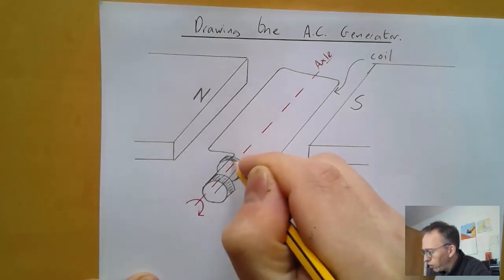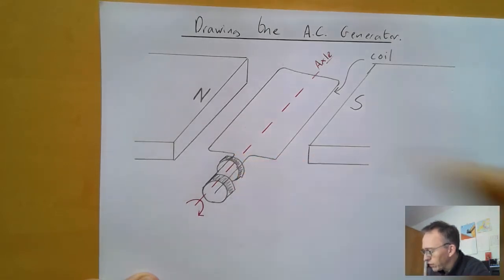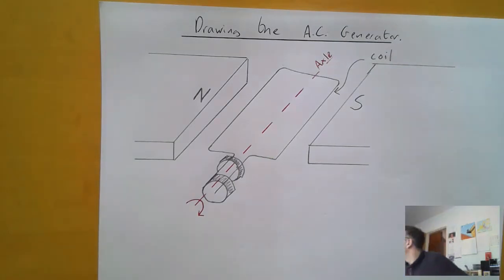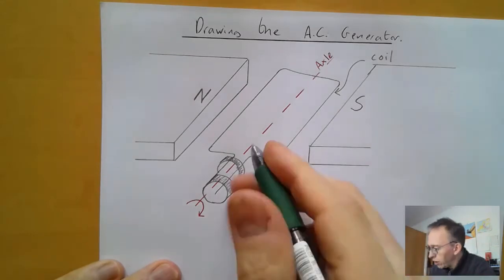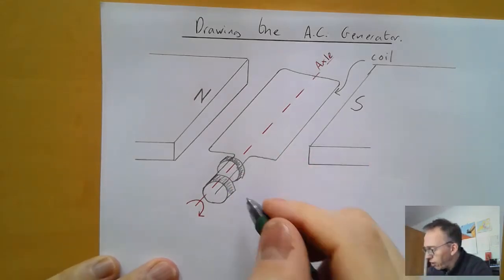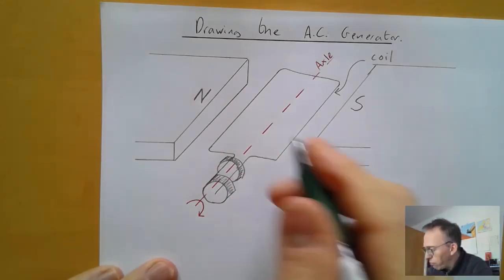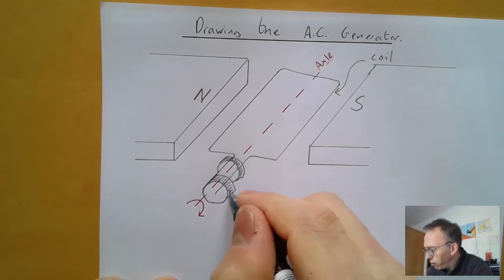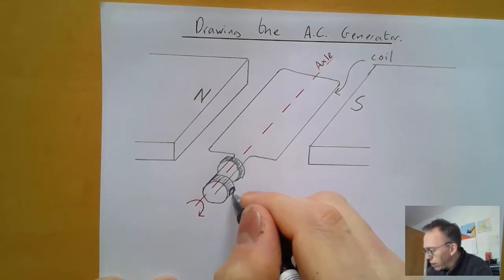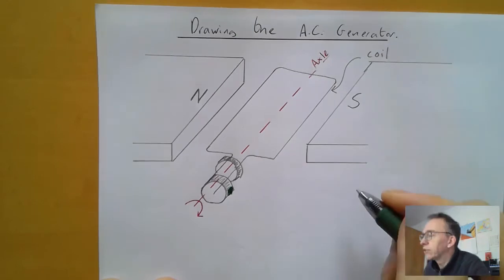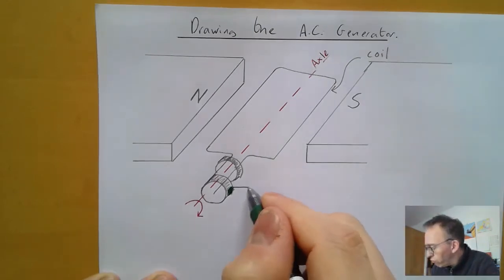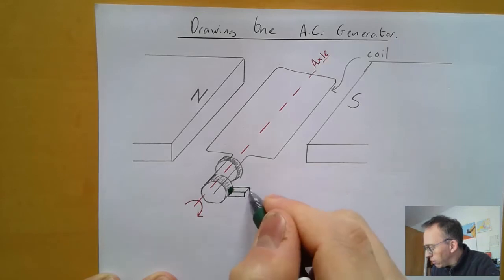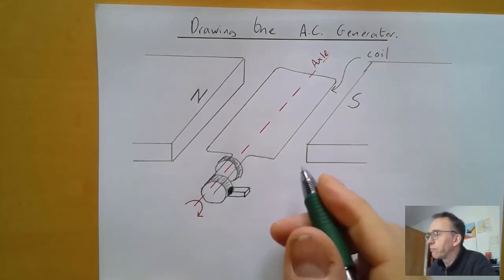Now, fortunately, the operation of the slip rings and the brushes is a little bit outside our spec. In practice, the brushes are little carbon brushes, little contacts made of carbon, and they have little springs to push them against the slip ring to make a good connection.